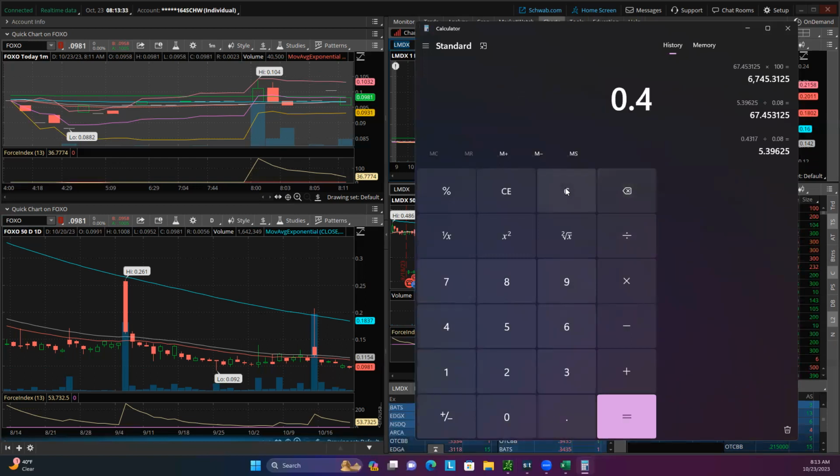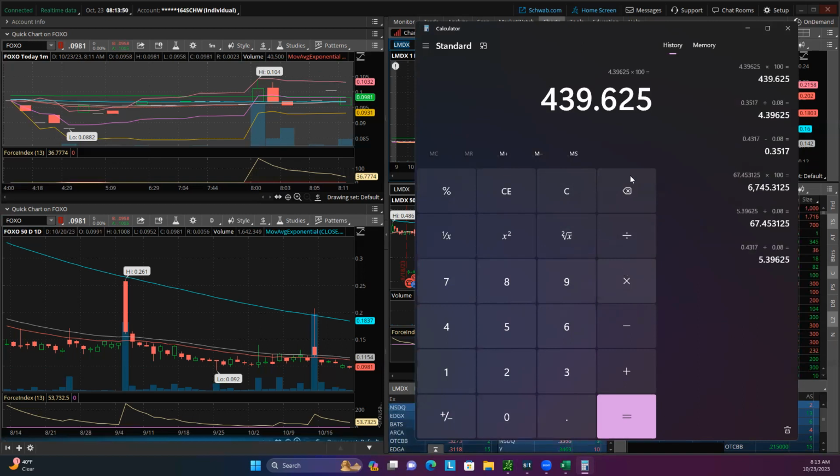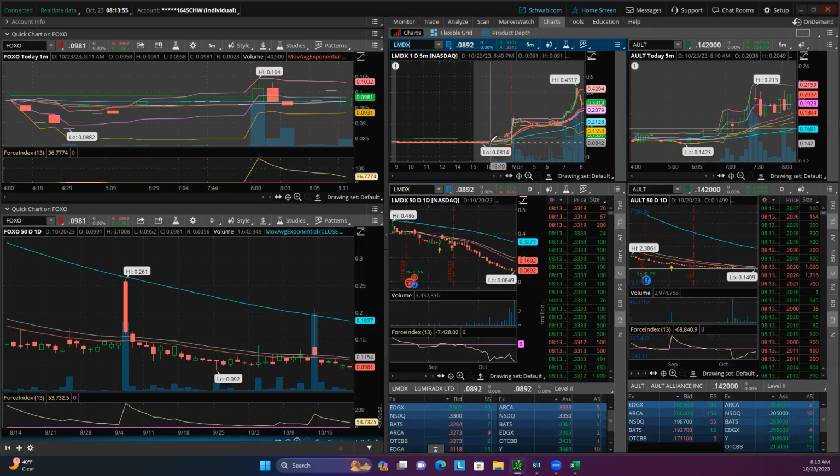I was like, no, that can't be right. 43.17 minus 8 cents. There we go. Yeah, 439%. 6,000 sounds crazy. Yeah, 439% increase from this 8 cents down here up to 43. So you could increase your account 439% overnight. Sheesh. And how would you know to do that?